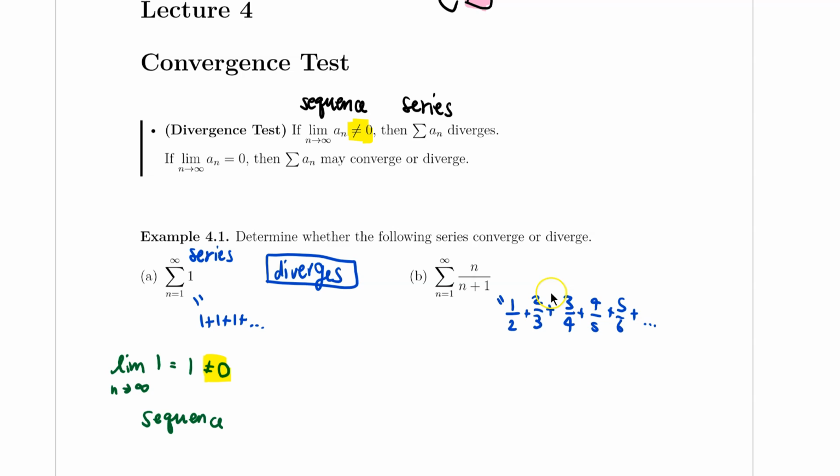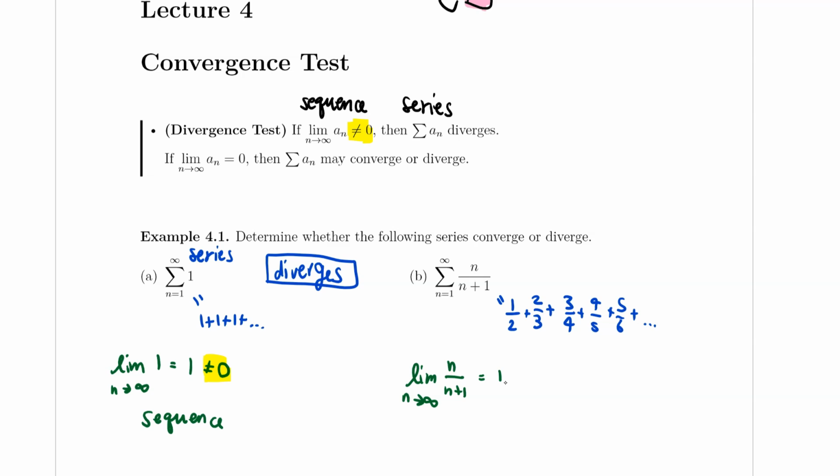To find whether this sum converges or diverges, I'm going to take a look at just the sequence. I look at the limit of n over n plus 1 when n goes to infinity. Once again, I'm looking at this thing as just a sequence of numbers. This is going to equal 1.